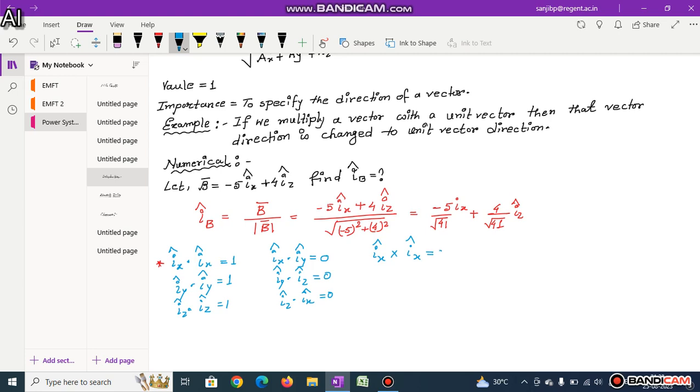Ix cross Ix gives 0. But Ix cross Iy gives Iz, and Iy cross Ix gives minus Iz. Each and everything I will discuss.